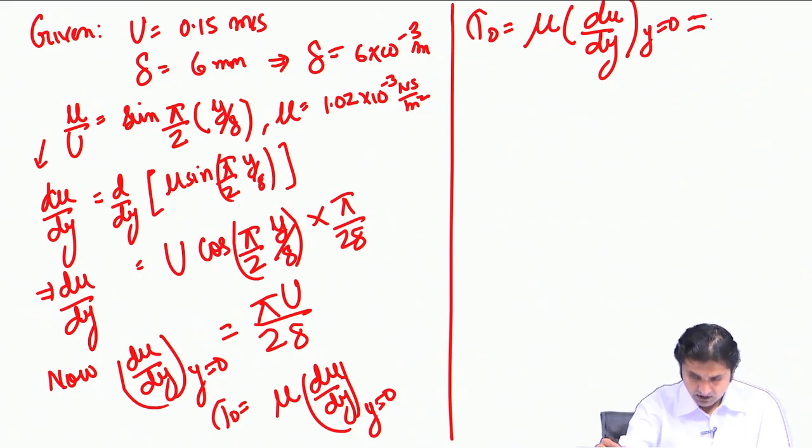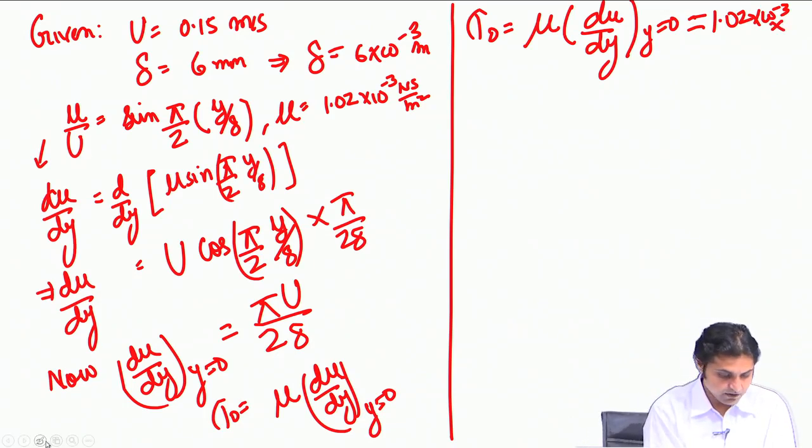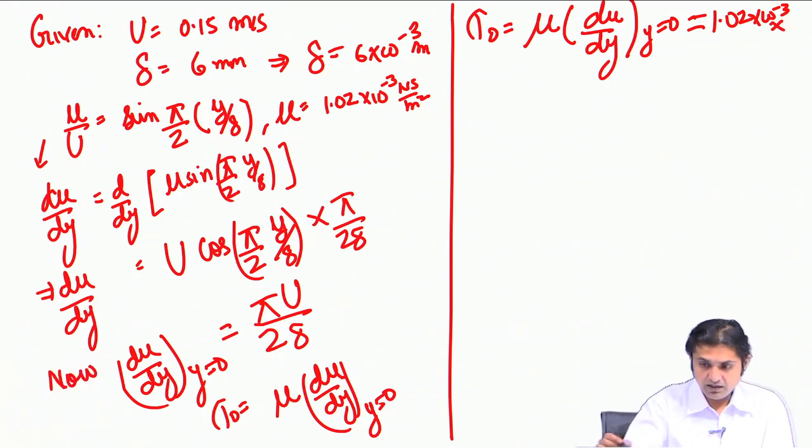So what we write is mu is 1.02 into 10 to the power minus 3 into, okay, I will write it on the next line, better to.